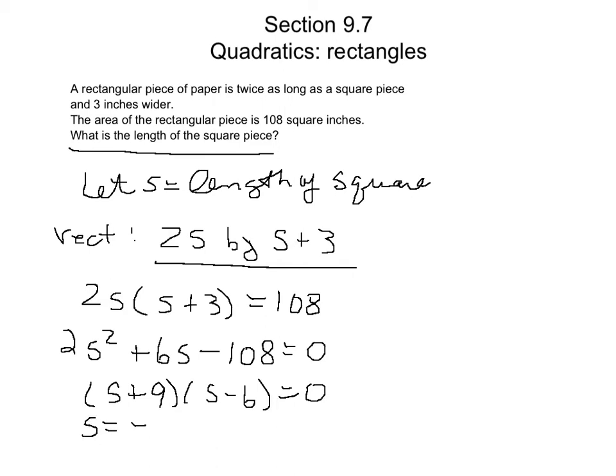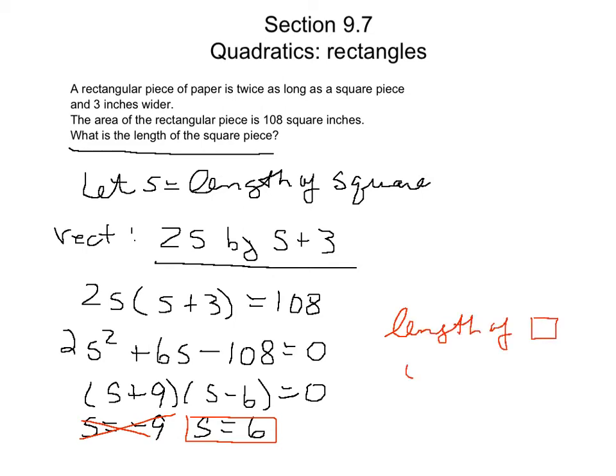And so my two solutions to this are minus 9 and 6. And since we're talking about the length of a square, clearly we can't have minus 9. So 6 is my solution. Remember, we always want to answer in a full sentence, and so we'll say the length of the square is 6 inches.